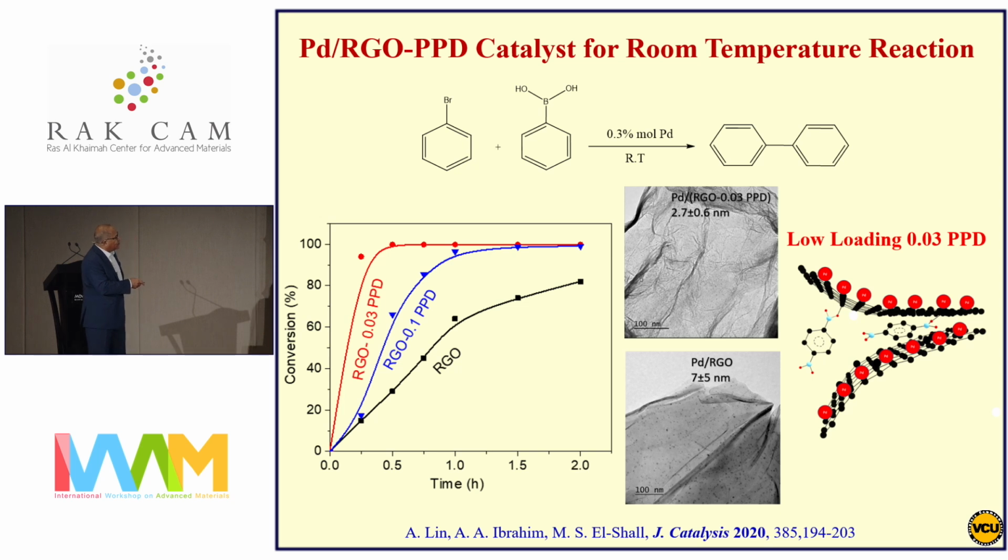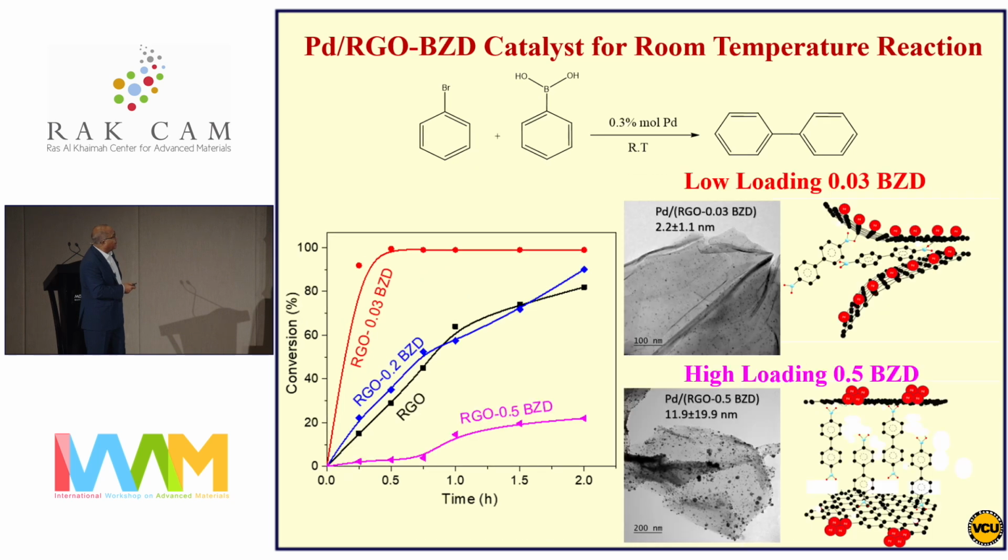And this is just the reduced graphene oxide by itself without any covalently bonded electron donor materials. The same result happens with benzidine. Low loading corresponds to higher activity. With high loading the activity goes down. With very high loading, you can see the activity becomes very, very poor. And that corresponds to this picture, in which very large palladium particles are formed. Therefore, there are not really many active sites in this catalyst system.